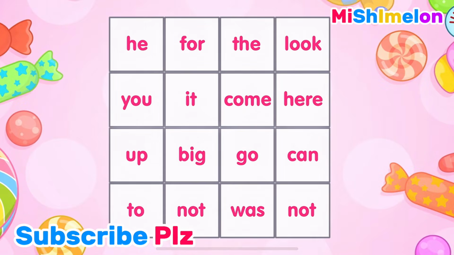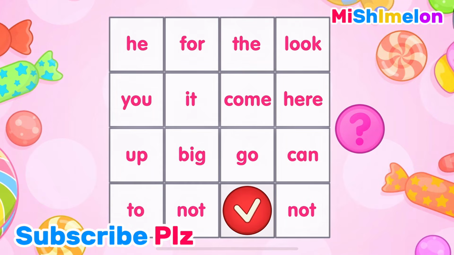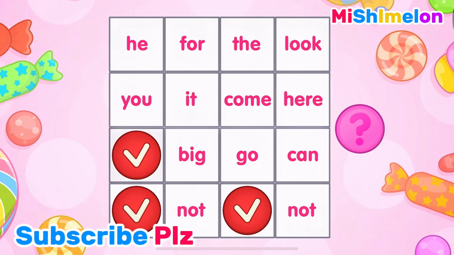Are you ready for a new bingo game? I will name the sight words and you try to find them. Was. Up. Here.